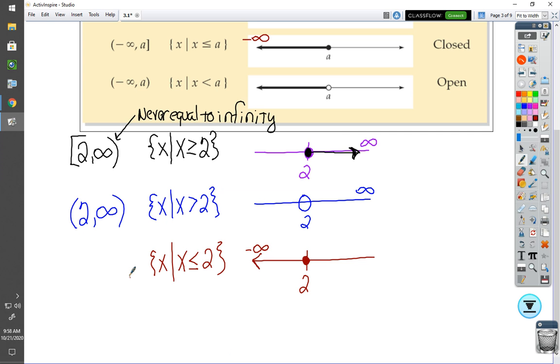Now, make sure we watch this one. Look up here. You can see that the negative infinity is on the left, because remember, low number left, big number right. Low number in my picture is negative infinity. Remember what I said? Never, ever, ever use a bracket on infinity. 2 is my big number. Put a bracket on it.